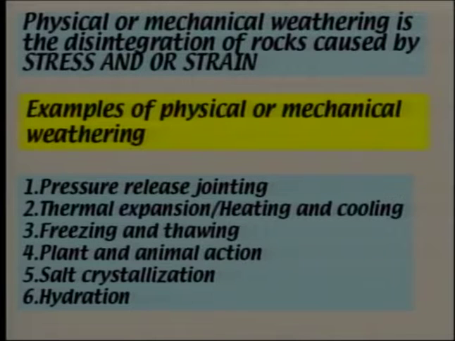Freezing and thawing is another example. Then we have plant and animal action, salt crystallization, and hydration. Number 5 and number 6, salt crystallization and hydration, I mentioned we will cover in grade 12. So we concentrated mainly on the first 4.